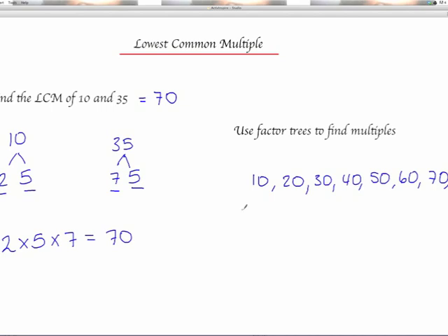So this is just to check that we got the right answer. Multiples of 35 is going to be 35, 70, and then 105. So from this, we can see that 70 is the first multiple which appears in both.